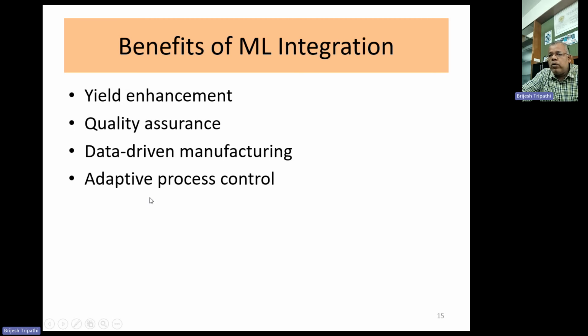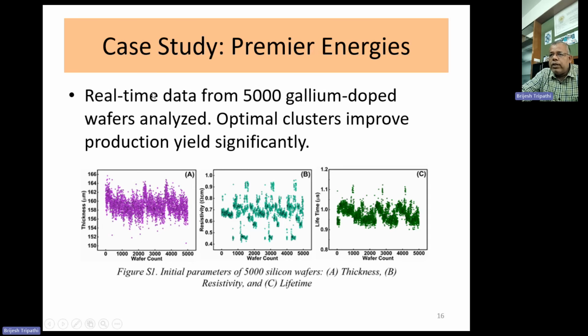Process control can also be identified in a better way if we have the correlation information.